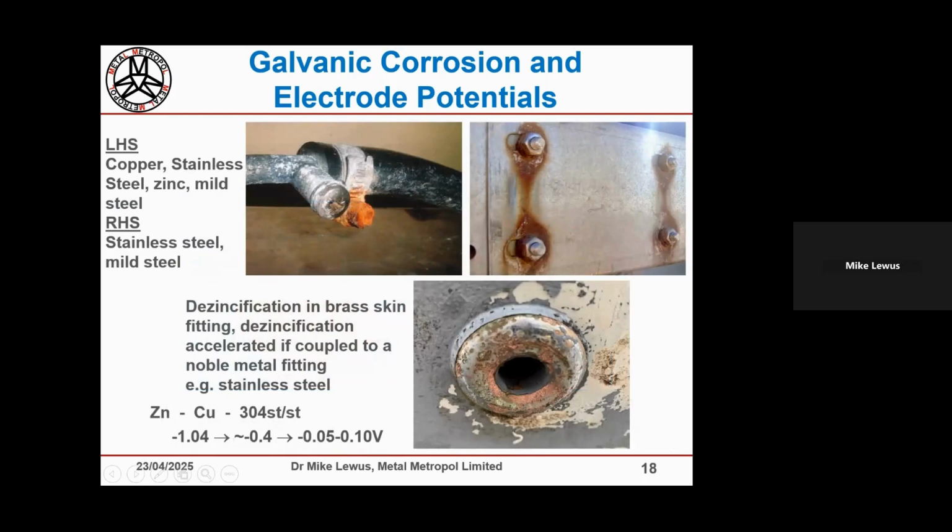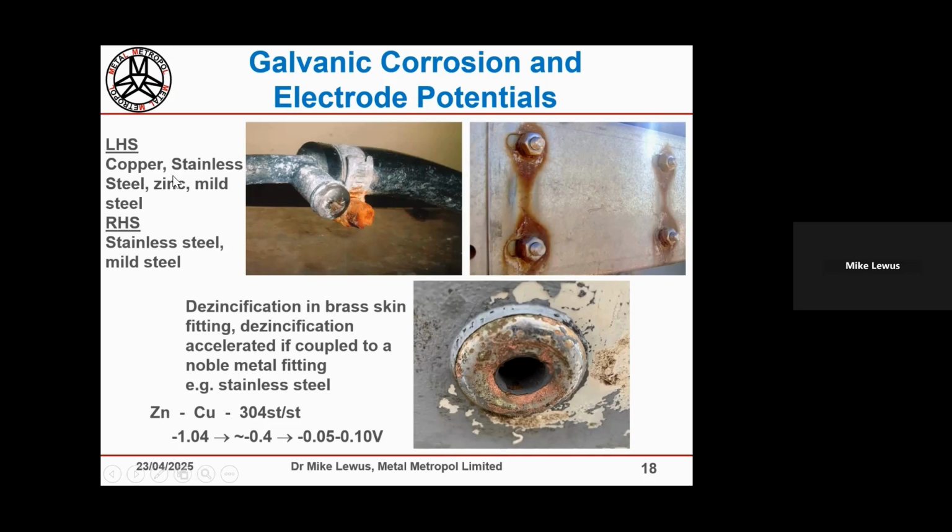These are the kind of things we might have seen on boats, gas pipelines, mixtures of materials, copper pipe with a stainless steel stud, a galvanized Jubilee clip with mild steel screw.